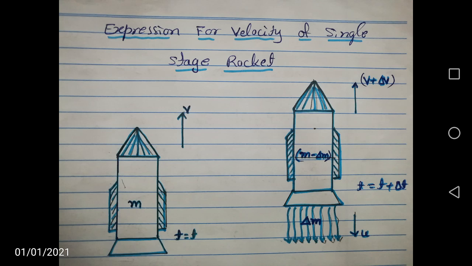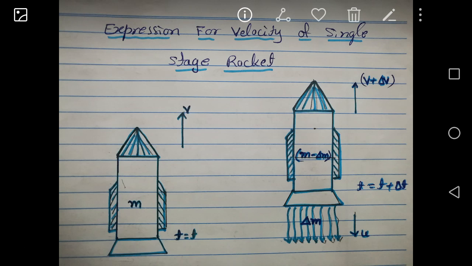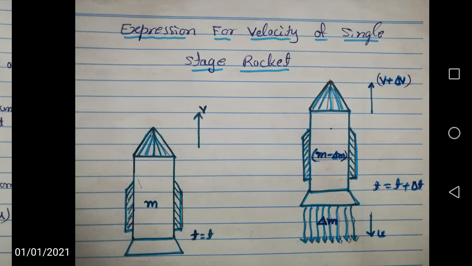Due to the burning of fuel, there is a loss in the mass of the rocket. Thus, after time delta t, the mass of the rocket will be m minus delta m and its velocity will be v plus delta v.